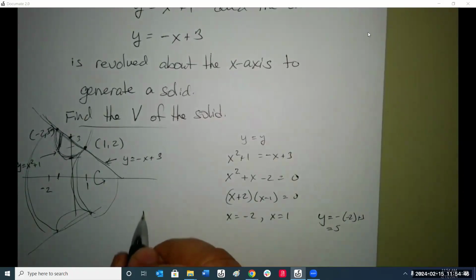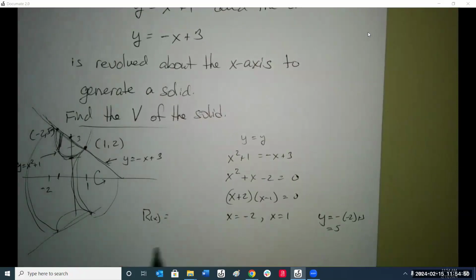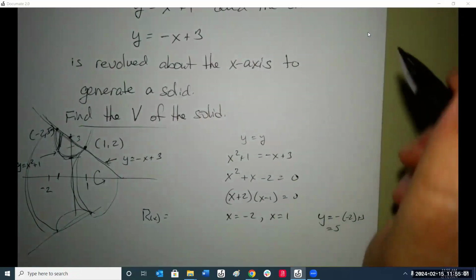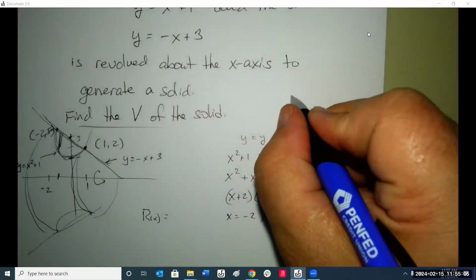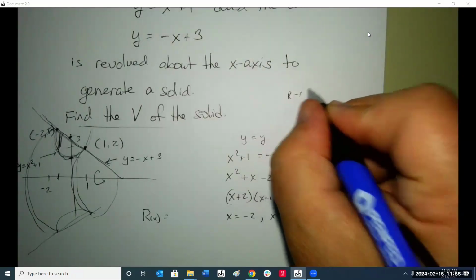What is the radius going to be? We have R minus r.